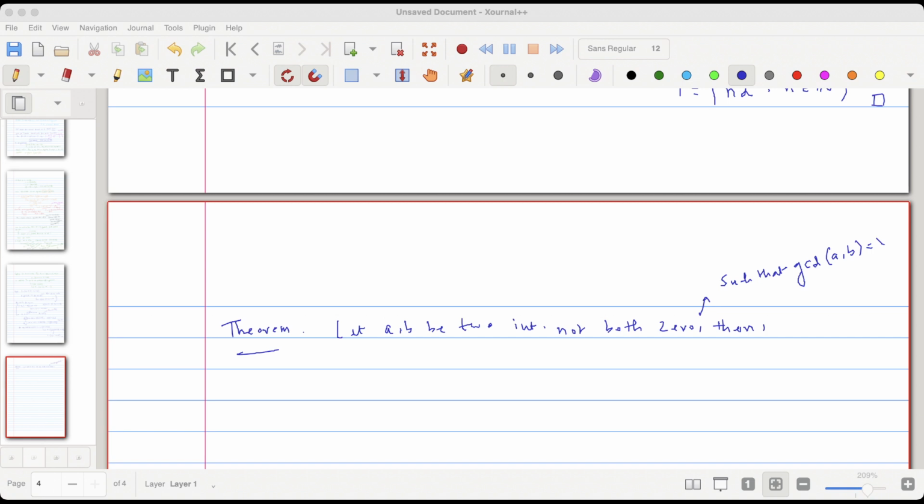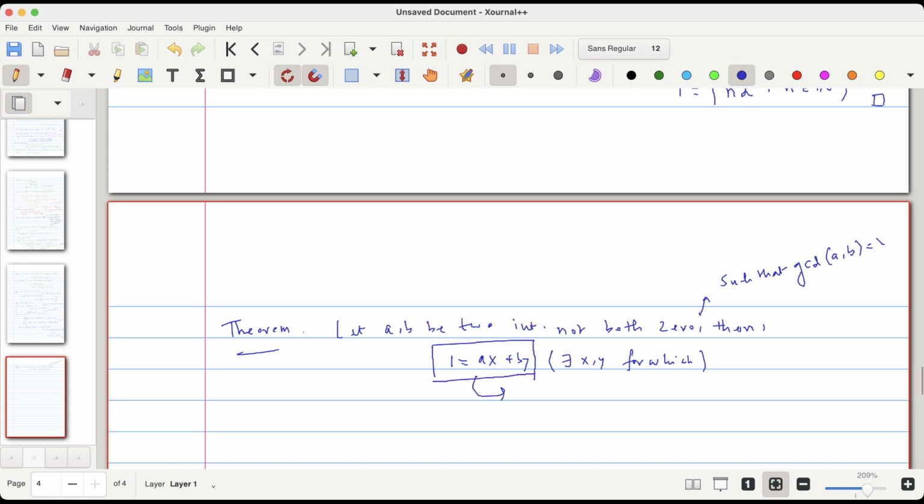Then there exist x and y for which 1 equals ax plus by.